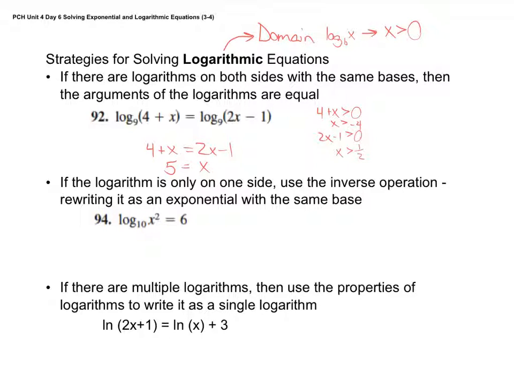The log on the left has a domain of x greater than negative 4. The log on the right has a domain x greater than 1/2. So you have to take the more restrictive one, which would be x greater than 1/2. That would be the domain of x in this equation.